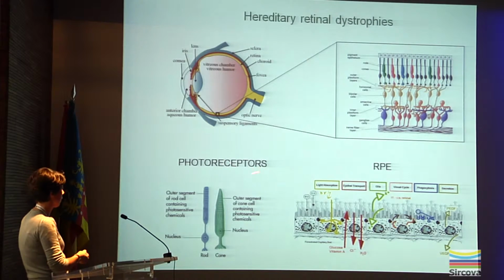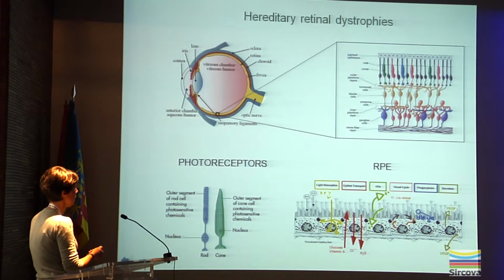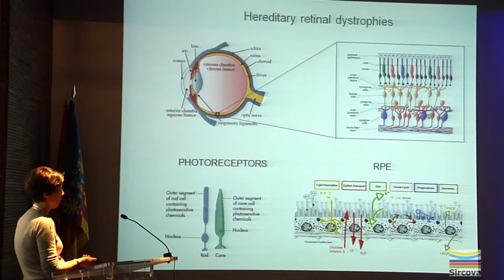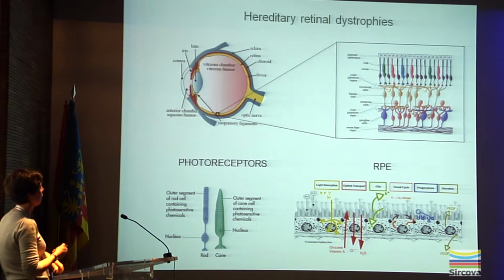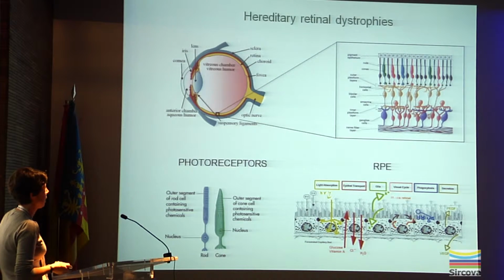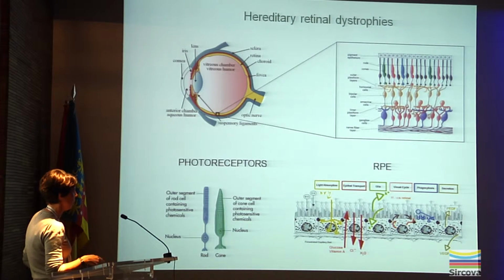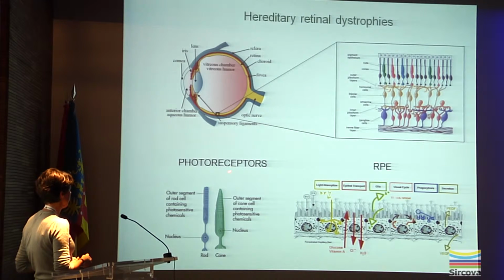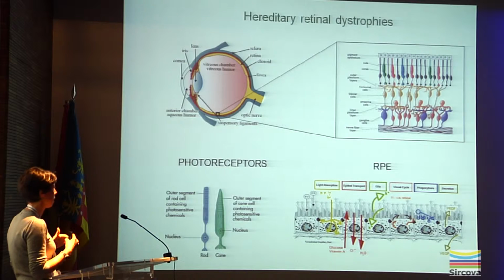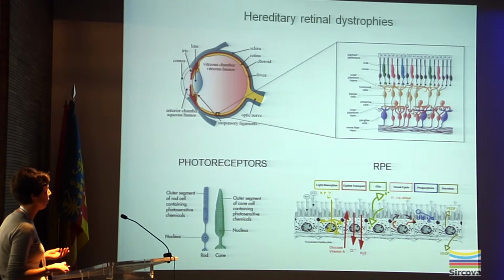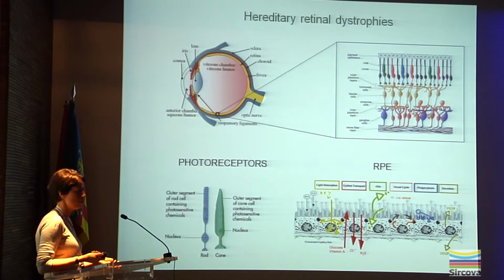The photoreceptors are the light-sensing cells, and the RPE cells are responsible for the homeostasis in the retina. In hereditary retinal dystrophies, the degeneration begins in one cell type and leads to secondary degeneration in another cell type, because these two cell types are interacting, and which cell type the degeneration begins in depends on the causative gene.